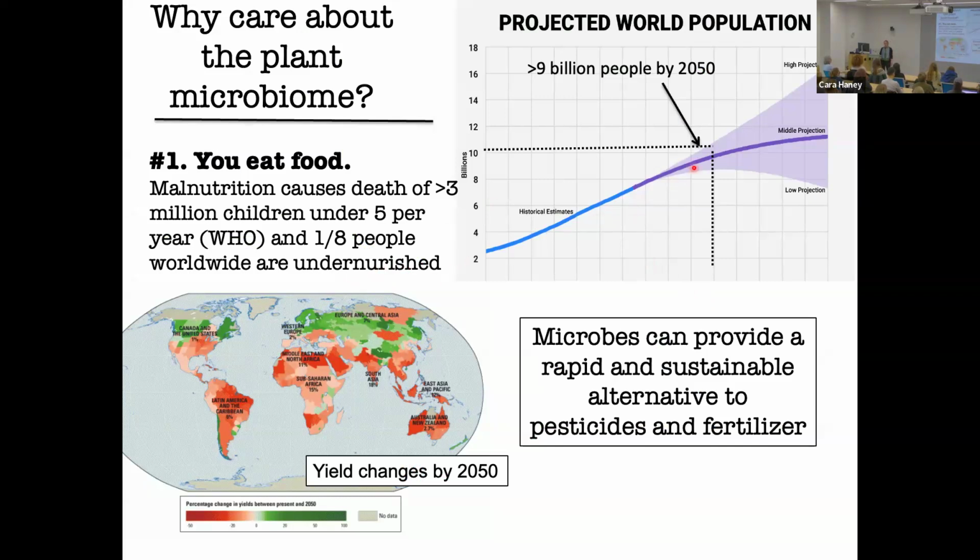And at the same time, the population is projected to increase to 9 billion people. At present day, 1 out of 8 people on the planet is undernourished, and this problem is only going to get worse. So microbes, because of all the benefits they provide plants, are a potential source of alternative fertilizers and pesticides that are fast and sustainable.